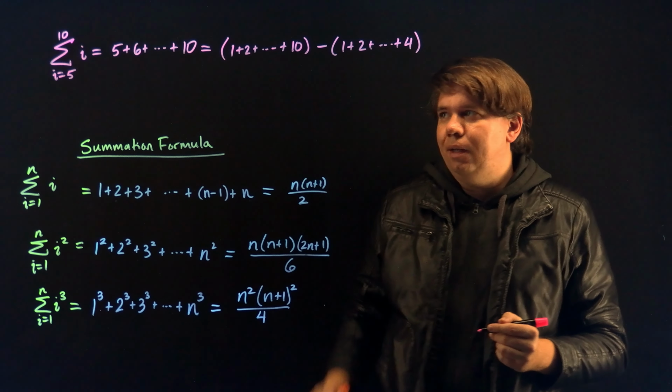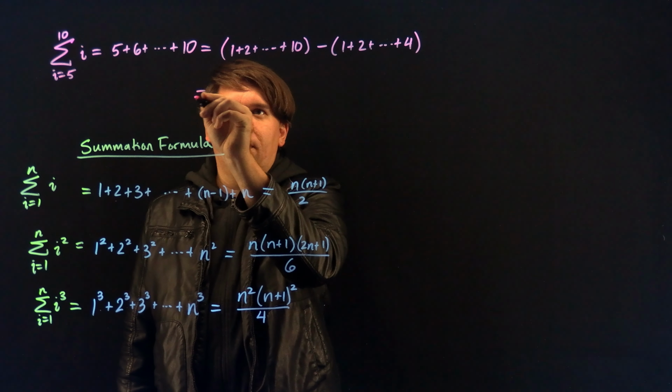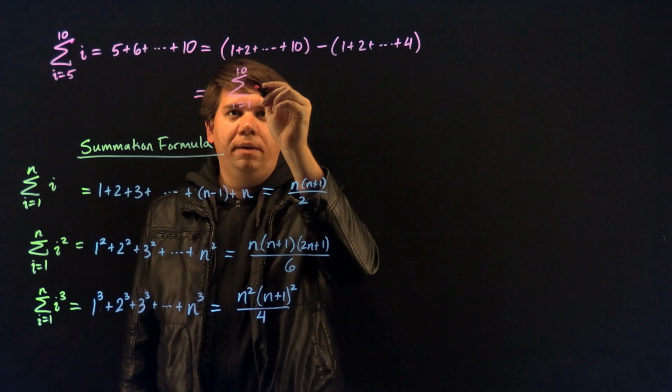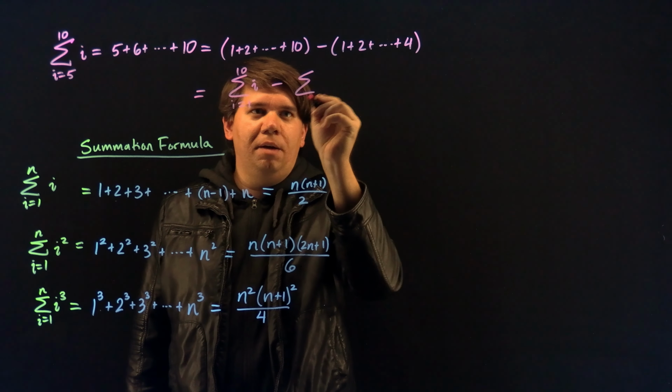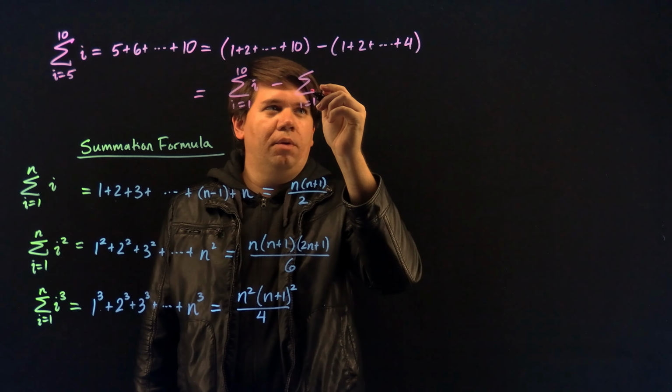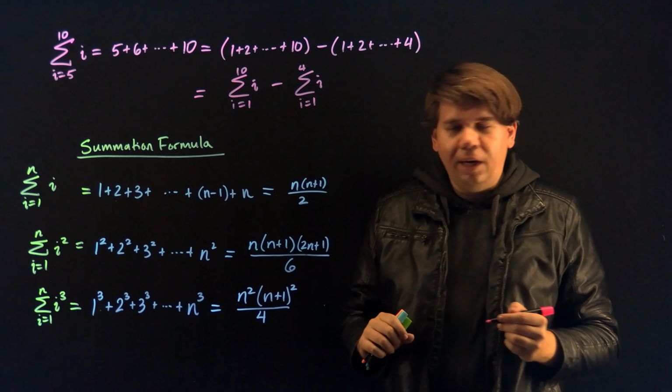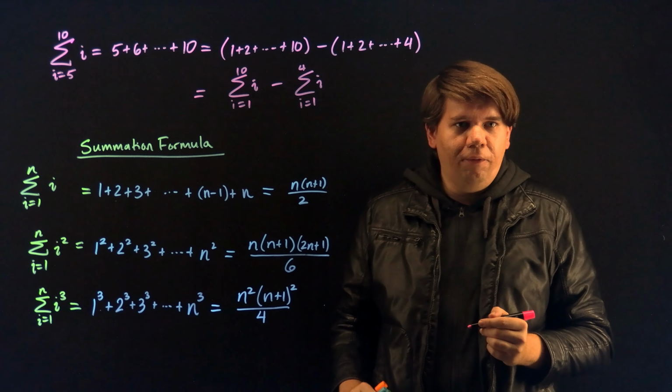But now that I've written it like this, it's the same as just finding the sum from i equals 1 to 10 minus the sum from i equals 1 to 4 of i. And now these are the right form that we can use a formula.